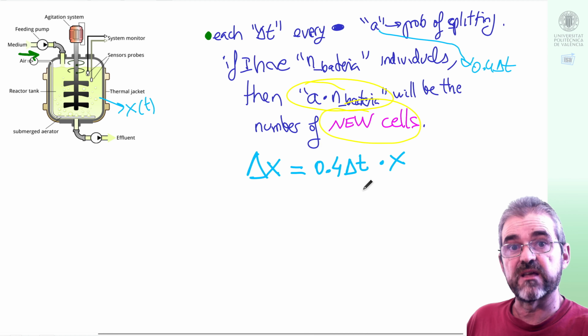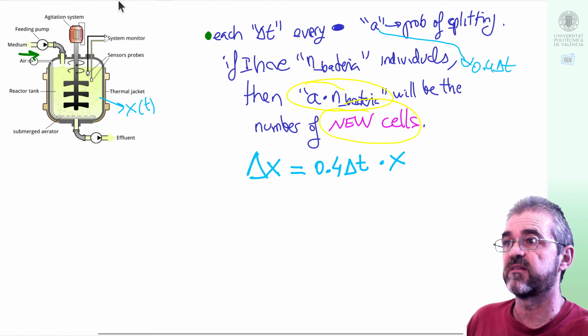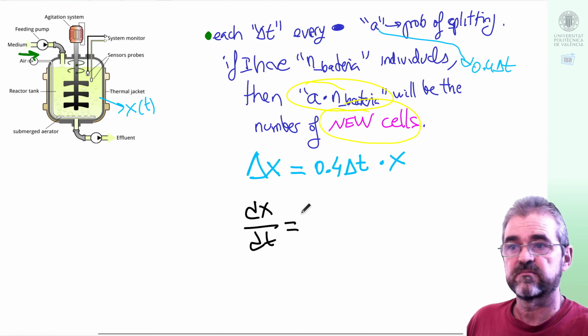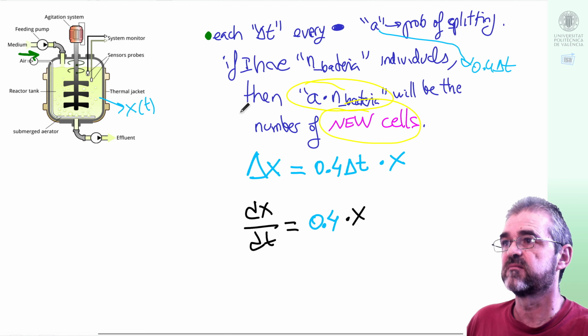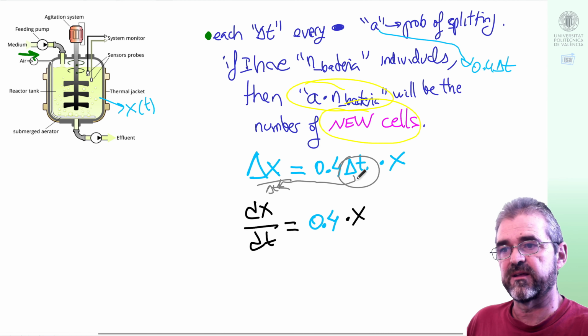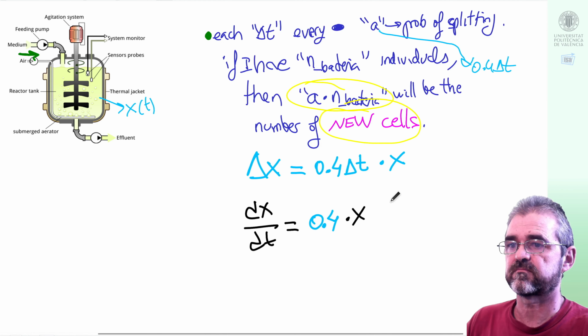So if we now make the increment of t infinitesimal, we can write that the time derivative, the velocity of population increase, is 0.4 times x, just by dividing by increment of t over there.